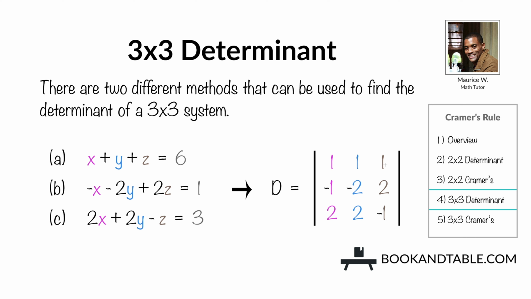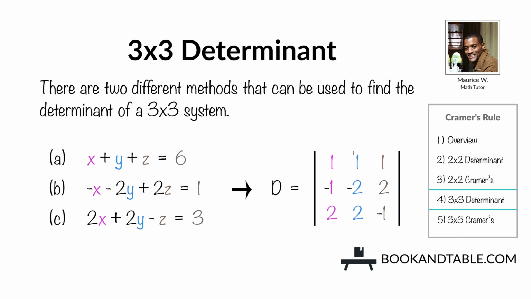So the matrix that we'll be working with to calculate the determinants are 3 by 3. The first column represents the coefficients of our x terms, 1, negative 1, and 2. The second column represents the coefficients of our y terms, positive 1, negative 2, and positive 2.